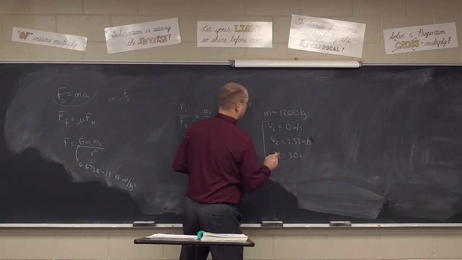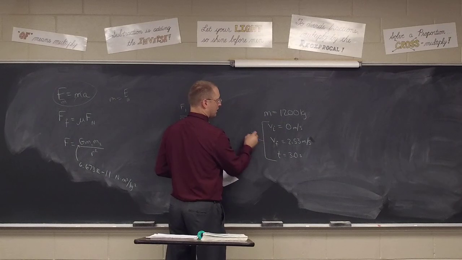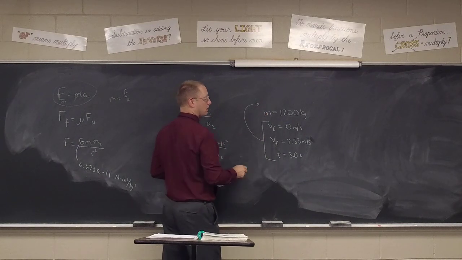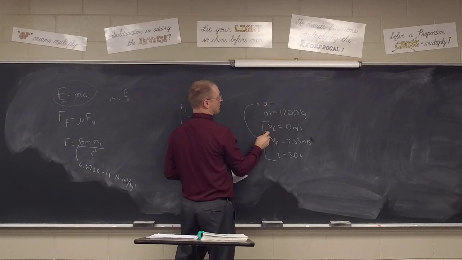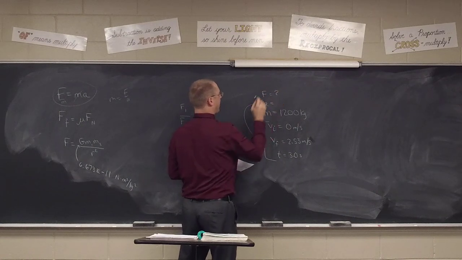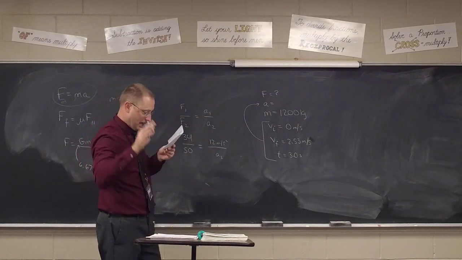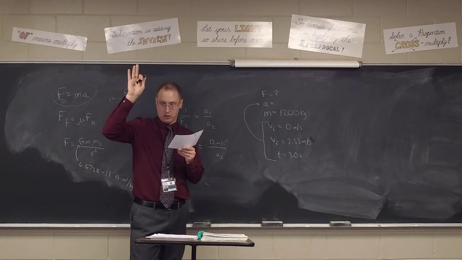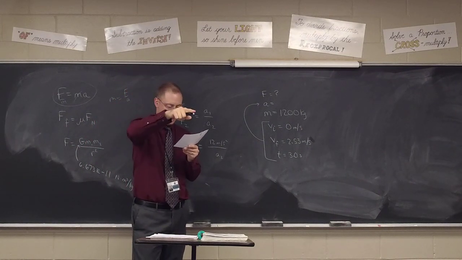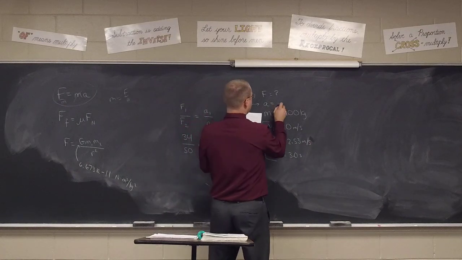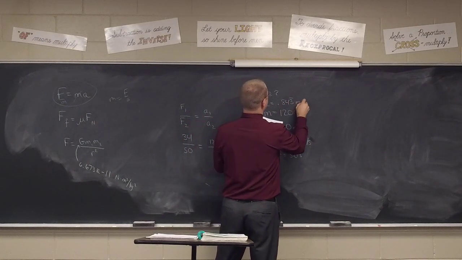All of this I can use, class, to find acceleration. And once I know acceleration, I can find force. To find acceleration, of course, we'll use the acceleration equation. Does anyone have the acceleration written down somewhere on the paper? Michael, what you got? 0.843 repeating. Yeah, it comes to 0.843 repeating meters per second squared.